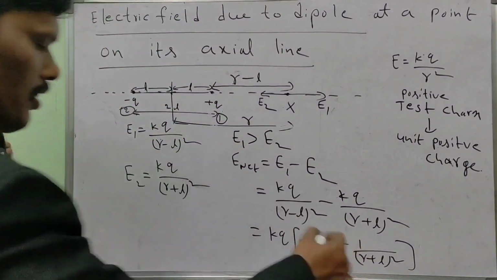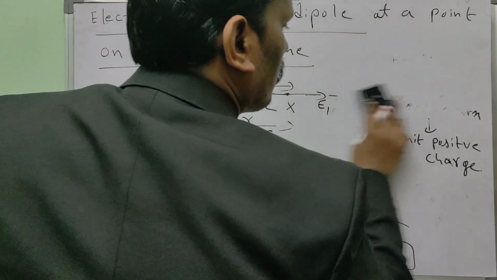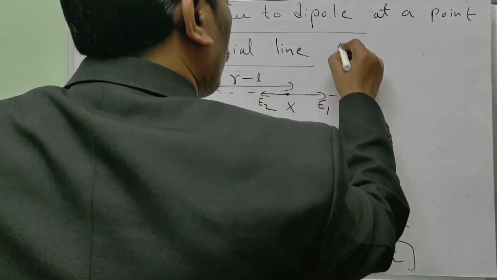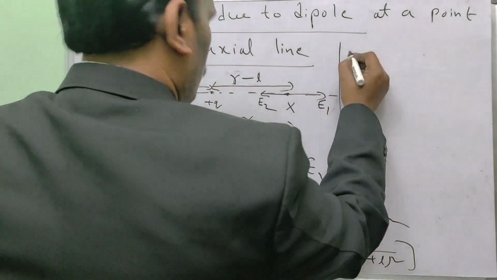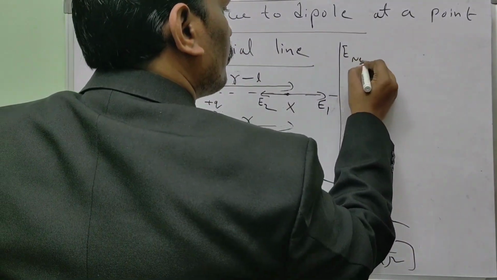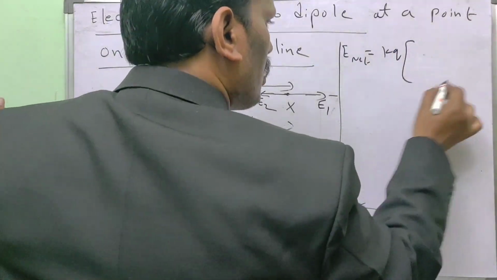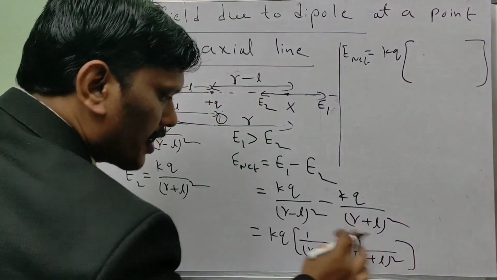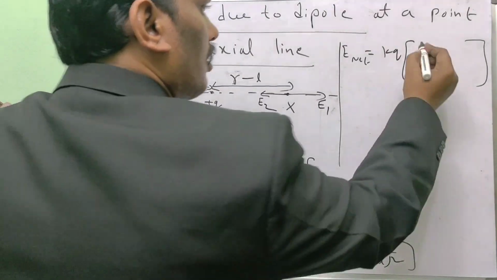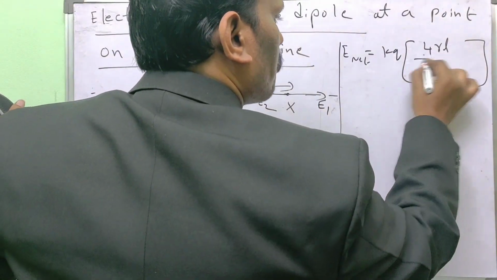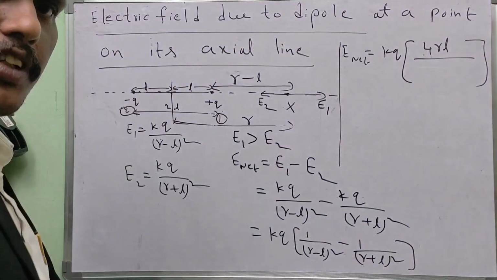My dear students, net electric field is equal to K times Q into, after simplification, what are we going to get? Here 4 times RL upon. This is the mathematical simplification, students.